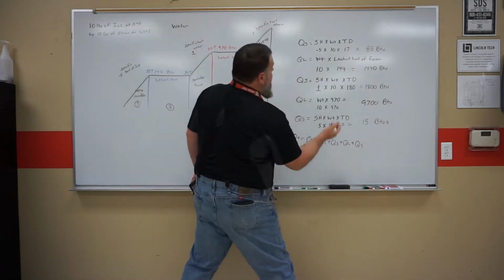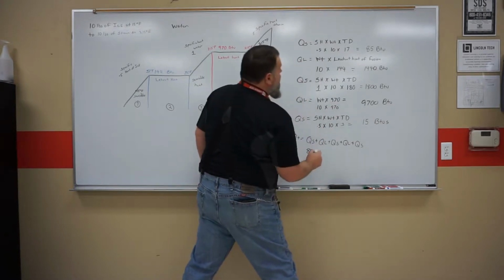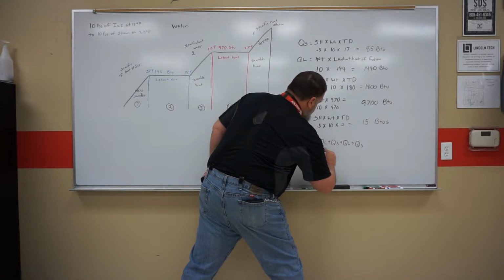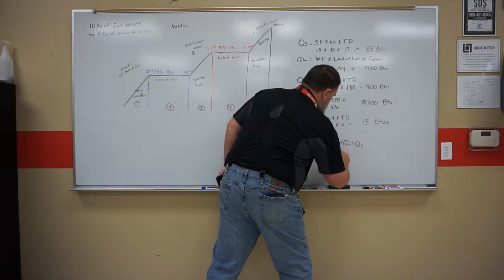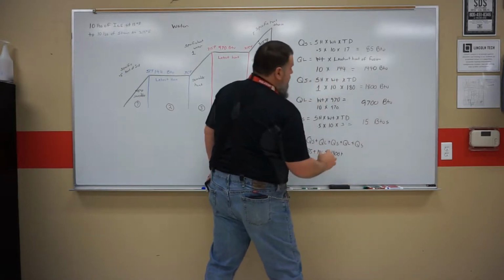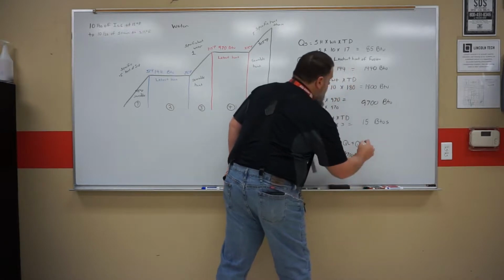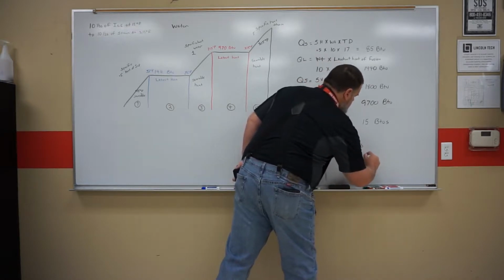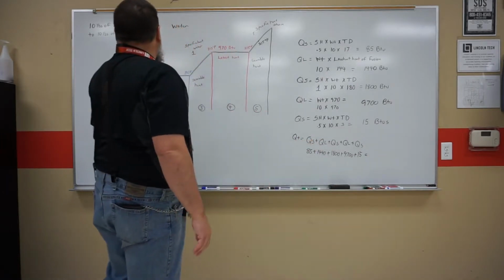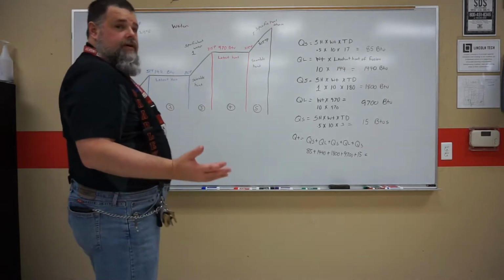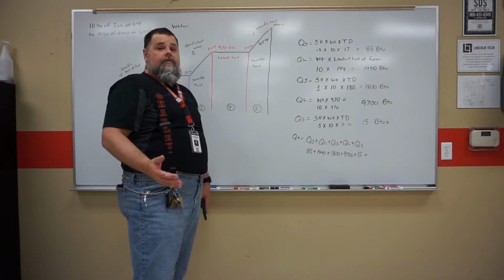Q of S was only 85 BTUs, the first one. 85 BTUs plus 1,440 plus 1,800 plus 9,700 plus 15. Now let's see what that equals, and we'll get our total BTUs of what it took to change 10 pounds of ice at 15 degrees to 10 pounds of steam at 215.